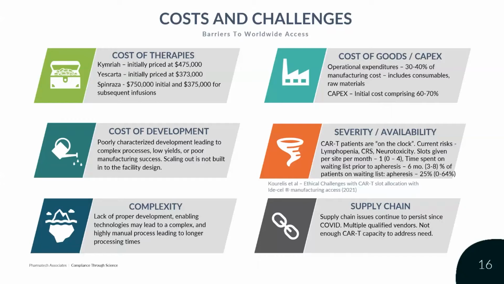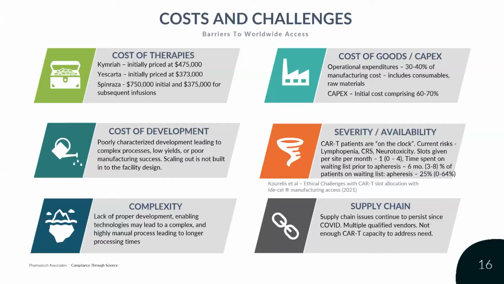And lastly, one thing we really want to talk about when we discuss cost reduction is that platform technologies may be able to give you some relief from all these supply chain issues. Single-use items still have very high lead times. And there's ultimately not enough CAR T capacity, either on the supporting vendor side or among the current manufacturers, to address patient needs. So we do have quite a lot of challenges.